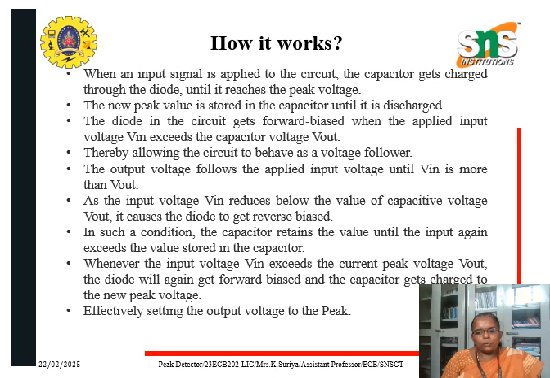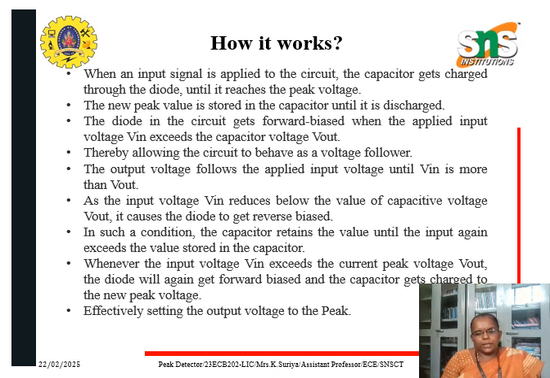So the output follows the applied input voltage until the input voltage is more than the capacitor voltage at the Vout. When the input voltage reduces below the capacitor voltage, it causes the diode to get reverse biased. So in such case, the capacitor will retain the peak value which it has already detected until a new peak value is got.